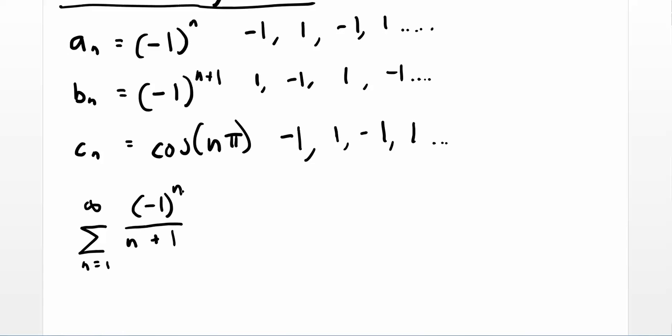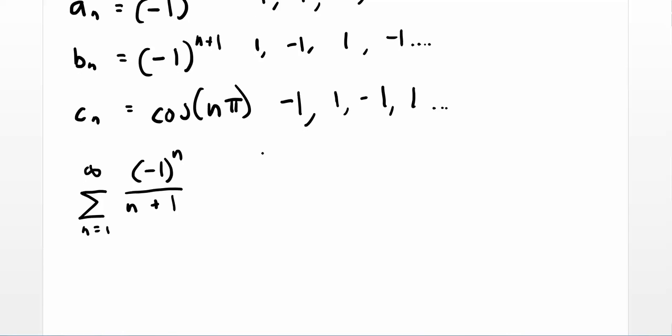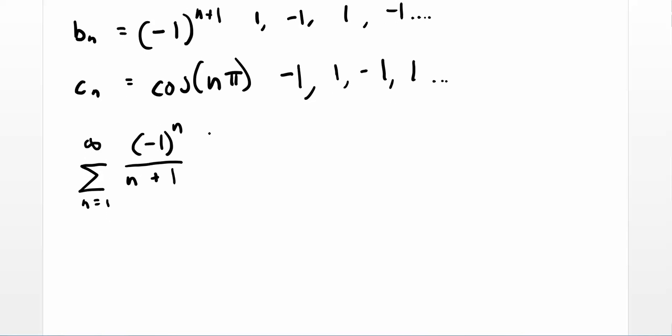This -1 to the n is going to change the sign of your series over and over. That's what makes it alternating.